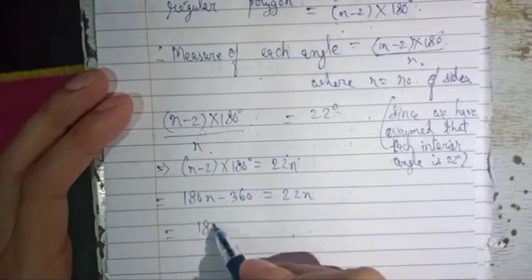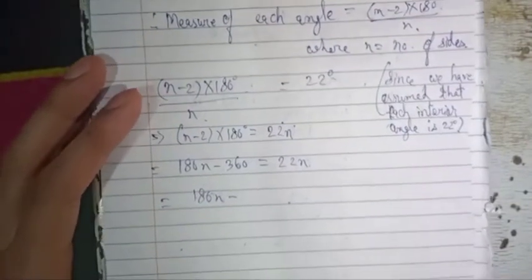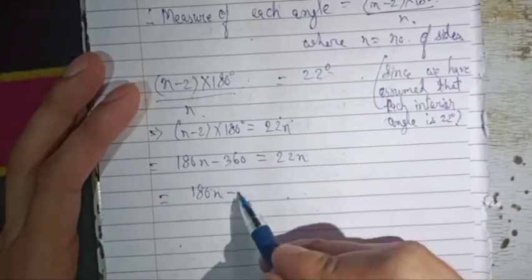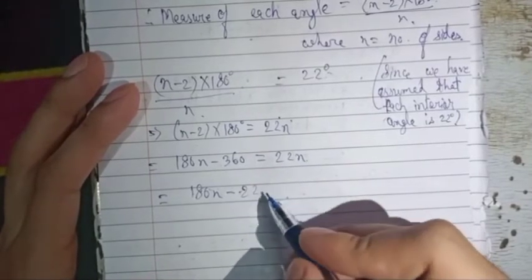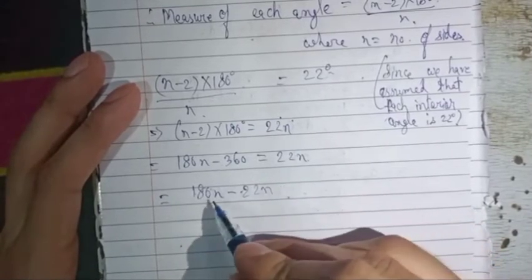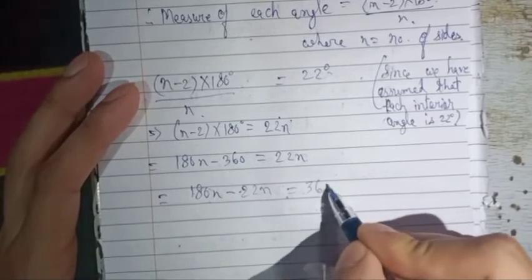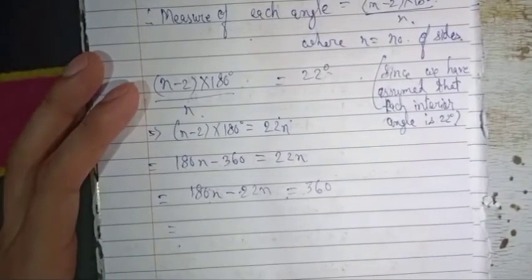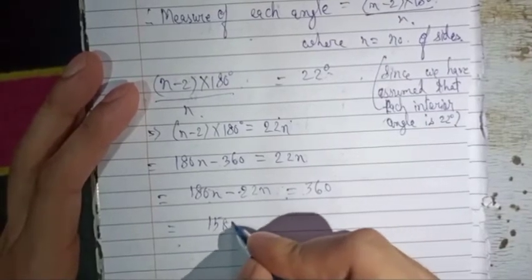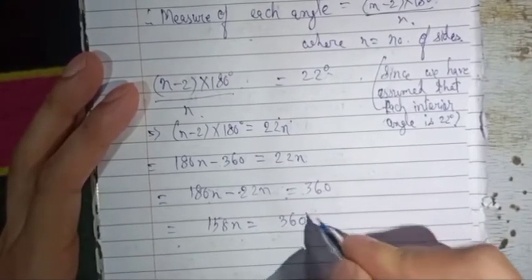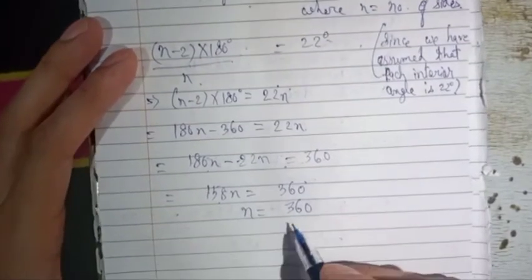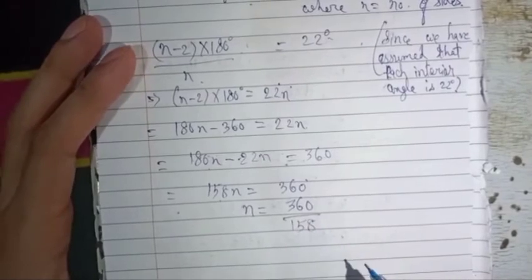This implies that 360 will move towards the right hand side and become positive, and 22n will shift to the left hand side and become negative. So 180n minus 22n will be equal to 360. So 180 minus 22 gives 158n equal to 360 degree. Now n will be equal to 360 divided by 158.